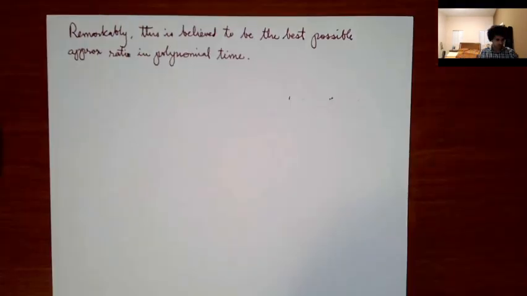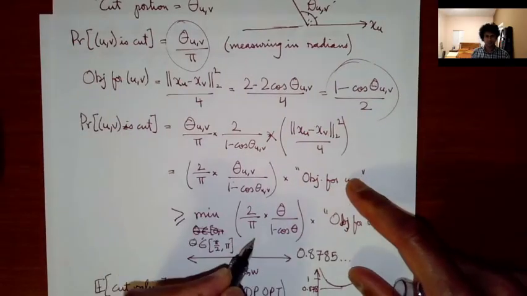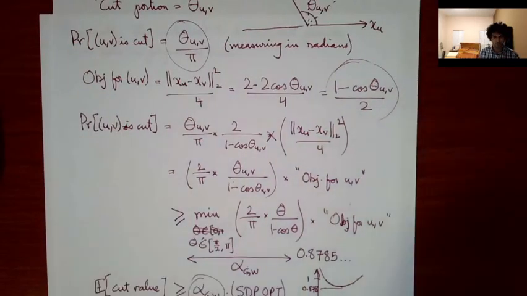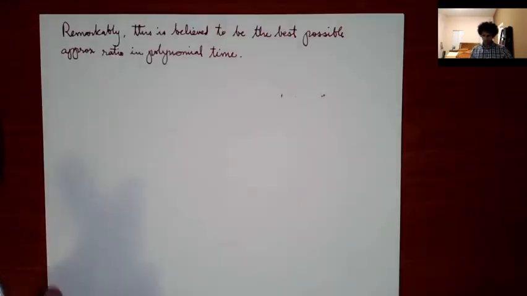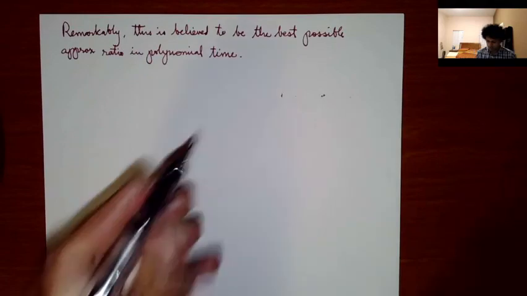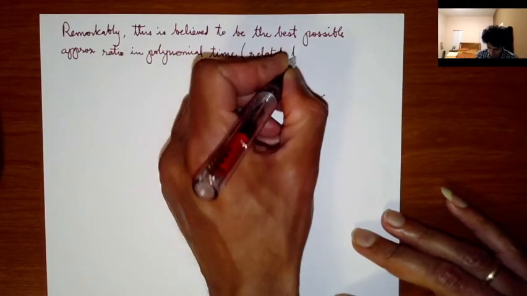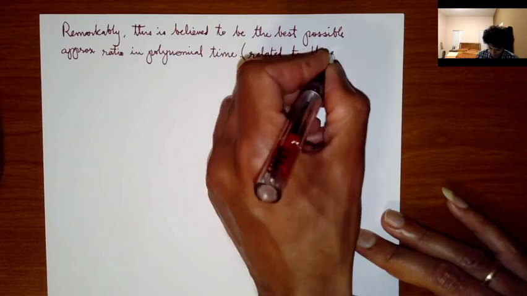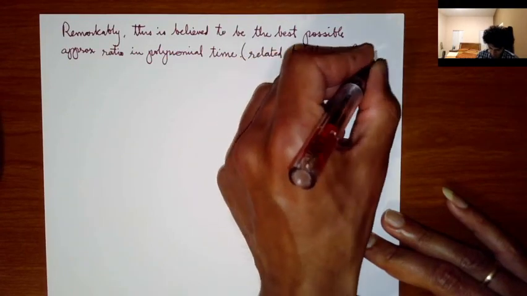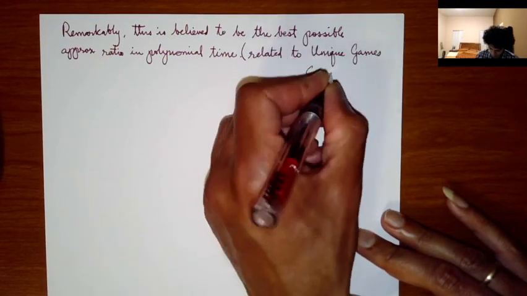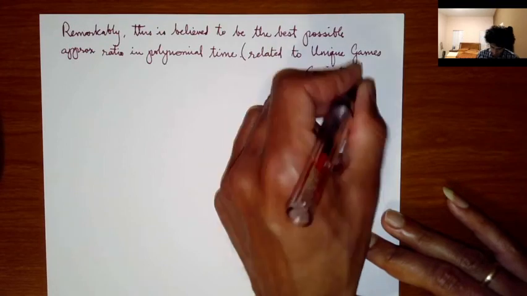It's this very strange function over here. Yet this minimum of this strange function actually ends up being what is believed to be the best, and there is some reason for this. This is related to something called the unique games conjecture.